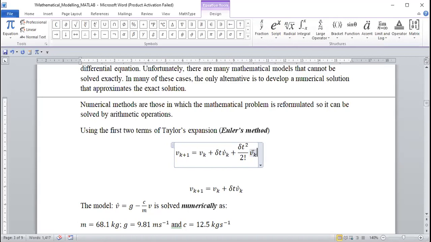Then the next coefficient is the third derivative, so you have delta t raised to the power of 3, then 3 factorial, then v triple dot.